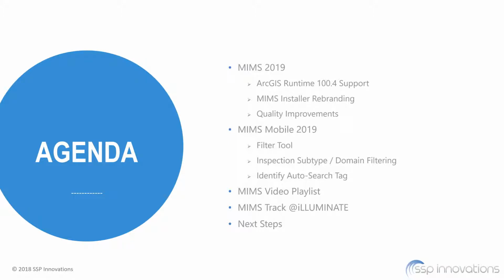We're also extremely excited to let you know about the MIMS track at Illumini, coming up in just under 3 weeks. PAG has been merged with Illumini, so this is your real opportunity to interact with the MIMS product team and ask those questions that really matter to your business. And the last thing that we'll discuss are some next steps if an upgrade or a migration to MIMS 2019 is something that you would like to start engaging us on.